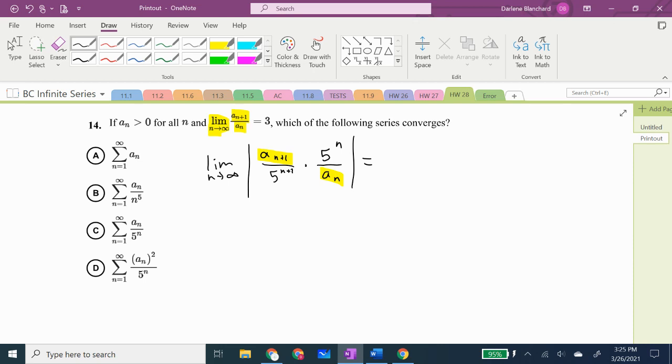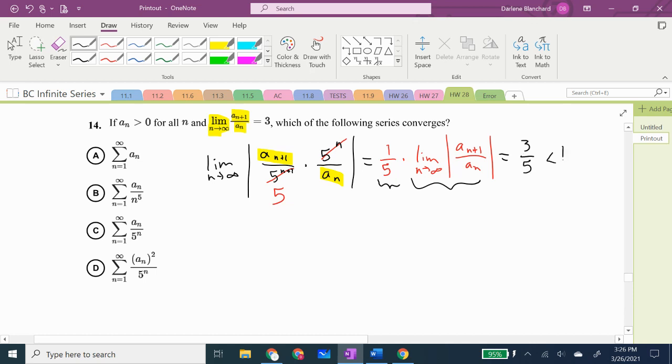Then from there, I'm working with 5 to the n over 5 to the n plus 1 is actually just plain old 5. So really, I could take that divided by 5 outside the limit and get that the answer to this limit was said to be 3, but then I multiply that by 1/5 and I get 3/5. Less than 1, ratio test says converge.